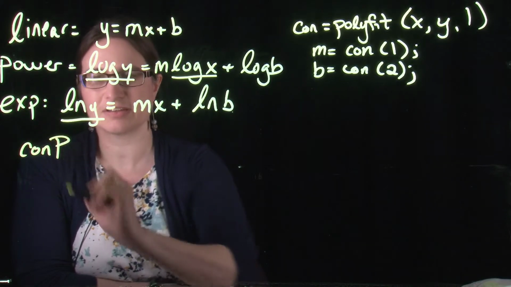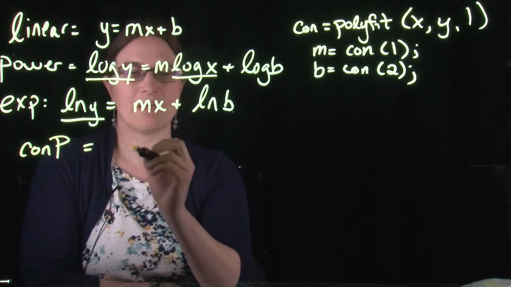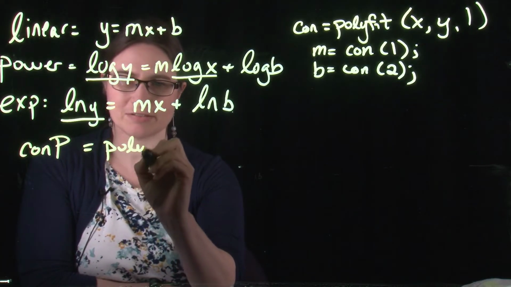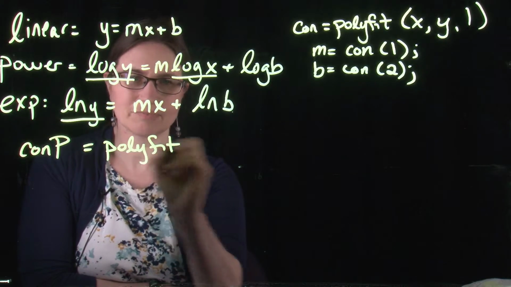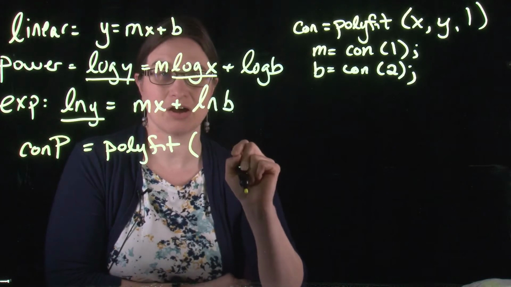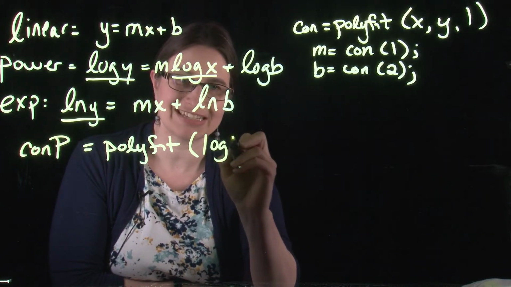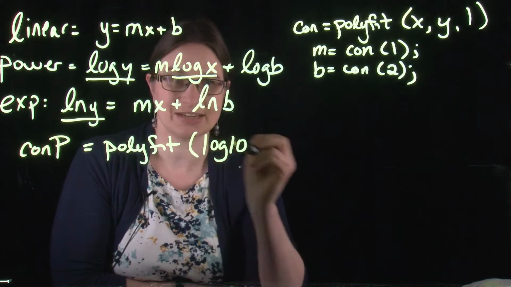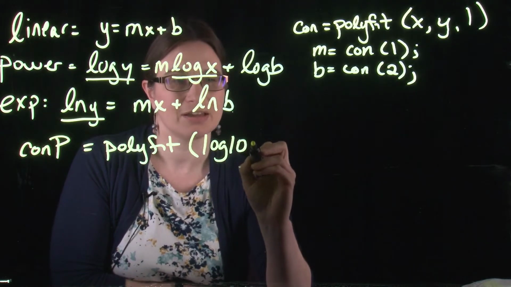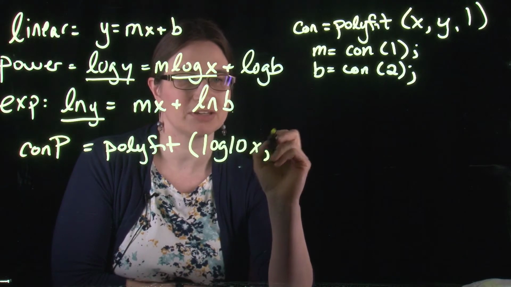I'll just call this con p for our power function. Okay, and that's going to be the same function, polyfit. But in this case, instead of x, again, we're going to look at log. And now MATLAB is tricky. You have to use the word log10 to indicate log base 10. Okay, log10 of x, whatever that variable is.